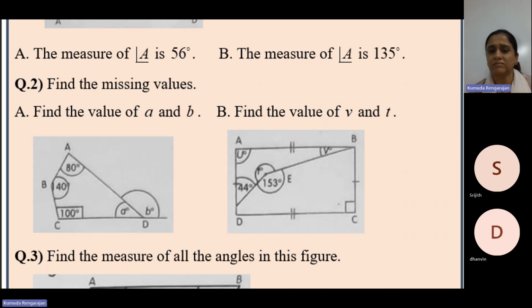And 90, and use 90, so 144... That's 44. 44 plus T. Okay, T is equal to how much? Why?